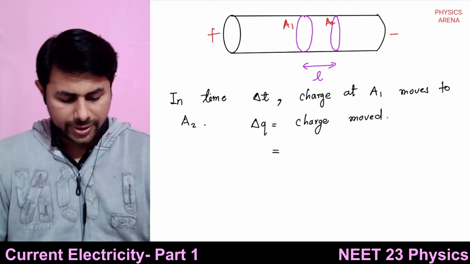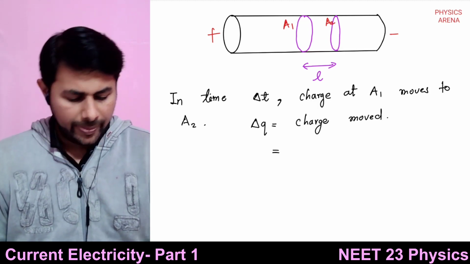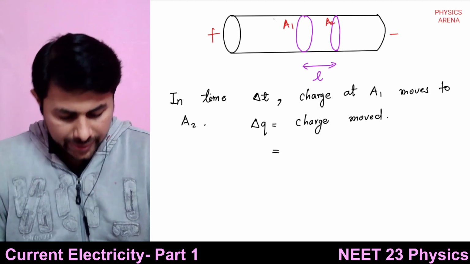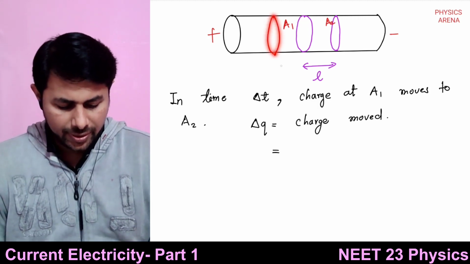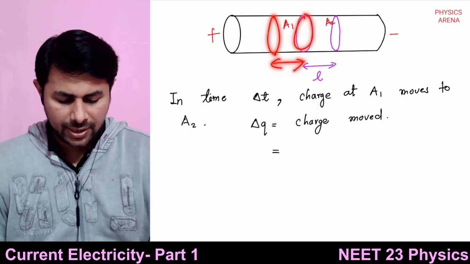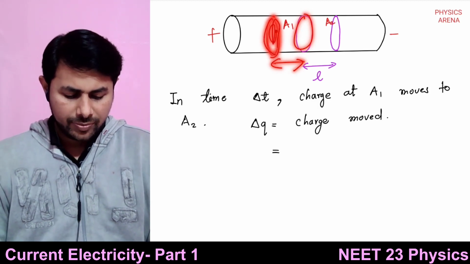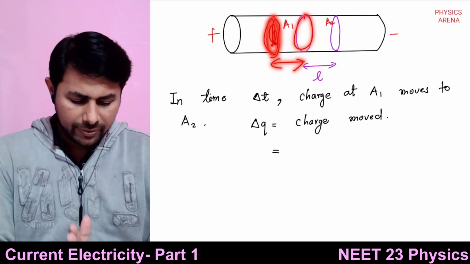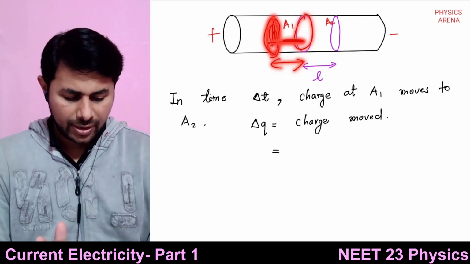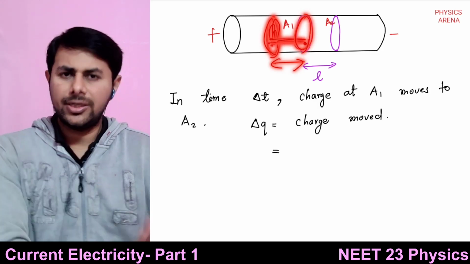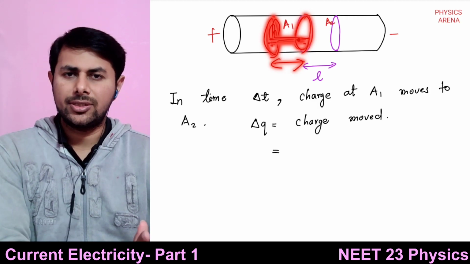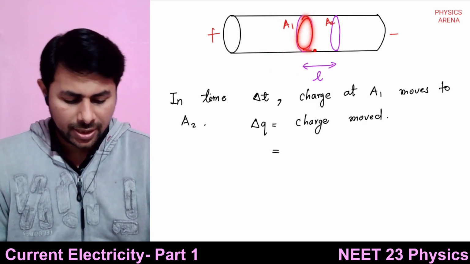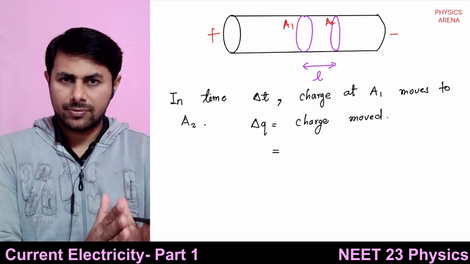Because if you consider an area at the same distance from this area, the charges from this area will get shifted to this area. They will move through this much distance, because charges from here are moving through this much distance.